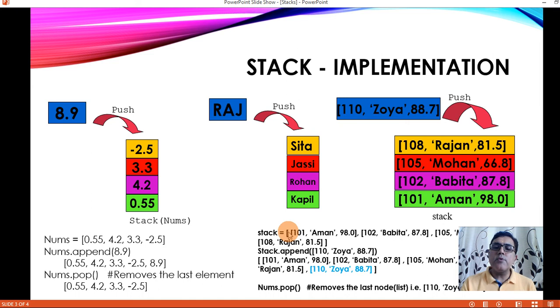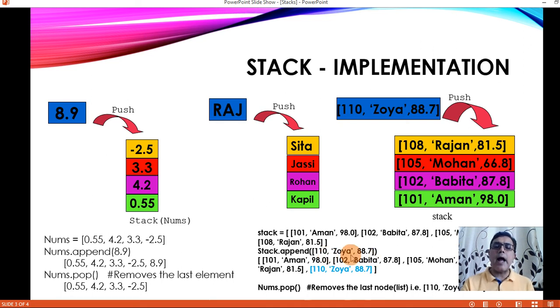Within this outermost list, the first element is again a list. The first value of this first list is 101, that is roll number, name and percentage. Then the second node will store roll number, name and percentage of the second student. The third node will store roll number, name and percentage of the third student.